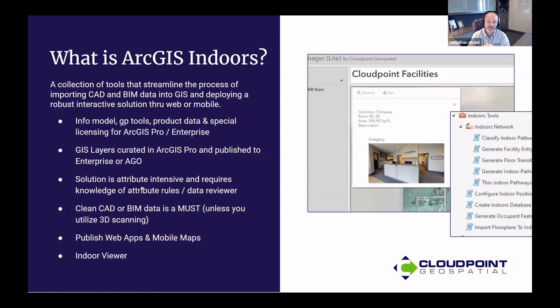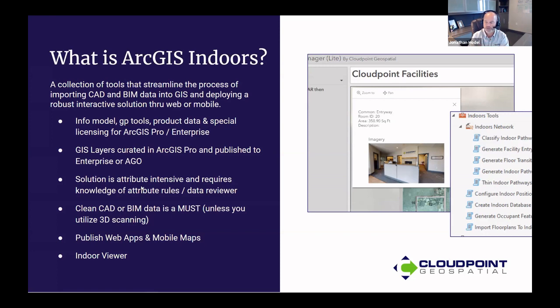There's a product data folder you can download from the My Esri website as you download the ArcGIS Pro install. And then, of course, it requires special licensing from Esri. Your Enterprise, or now ArcGIS Online, brand new, has the ability to be enabled for ArcGIS Indoors. I'm still waiting on Esri to enable ours, but as of just recently, you're now able to apparently use ArcGIS Online for that.